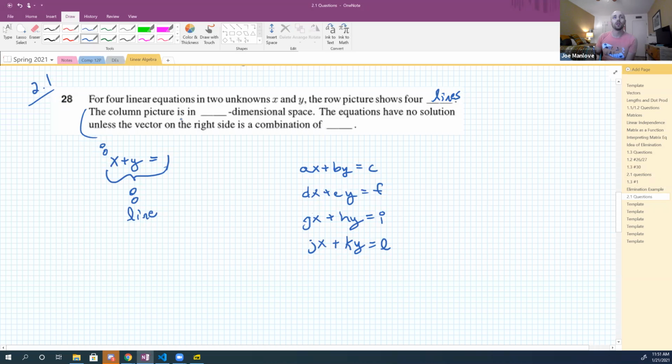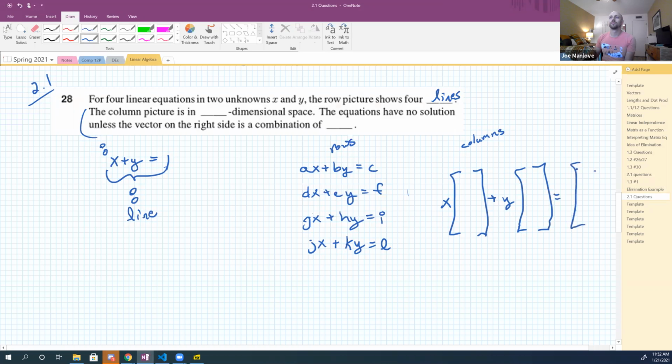Okay, and then the column picture, so this is kind of the rows, right? The columns for this are x times some column plus y times some column equals another column.